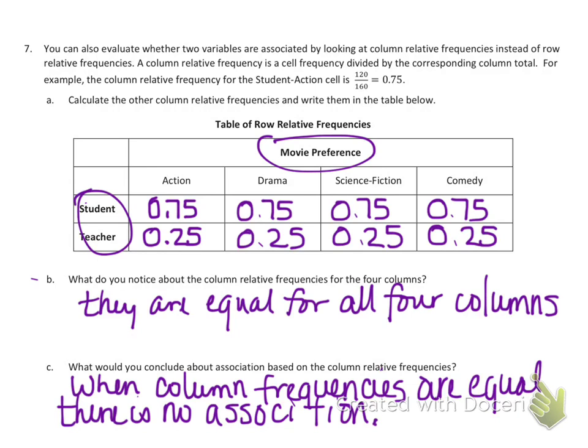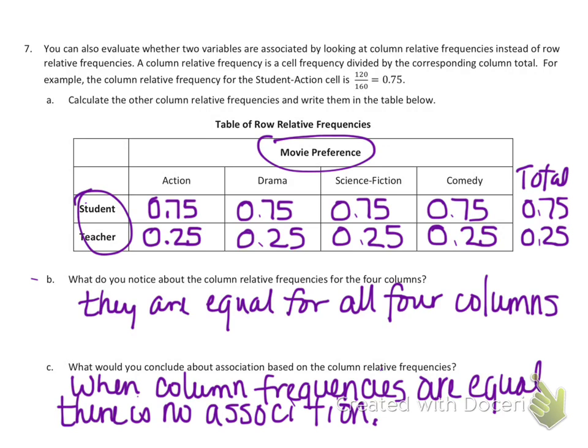Of those who preferred drama, 75% were students, 25% were teachers. And it's that way for every column. And remember, it was that way for the totals too. It's just right here, totals. So in our survey, 75% were students and 25% were teachers.